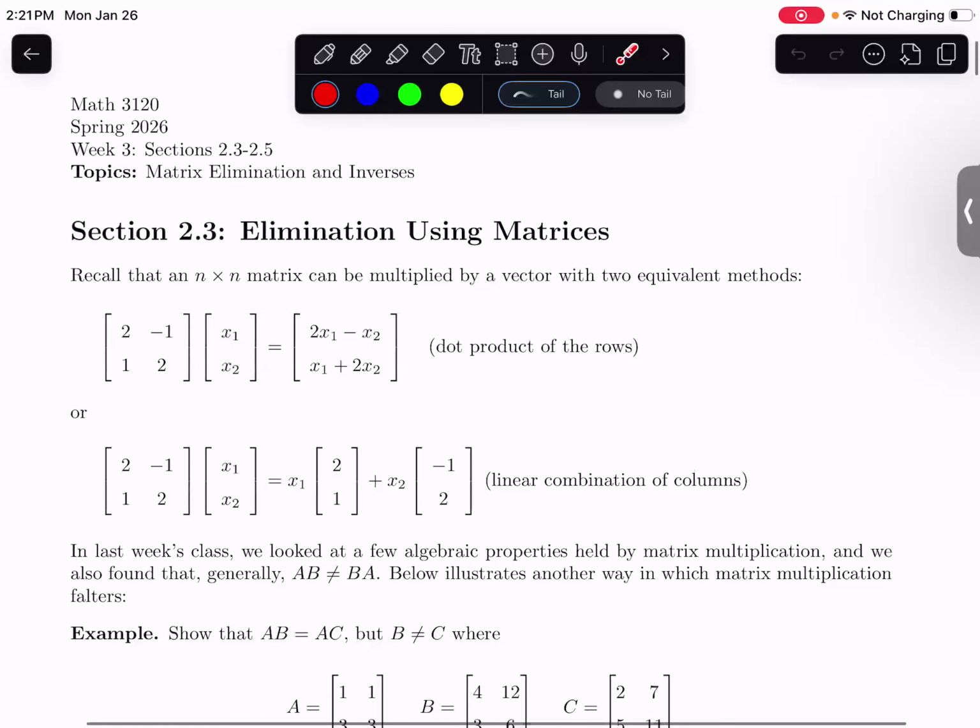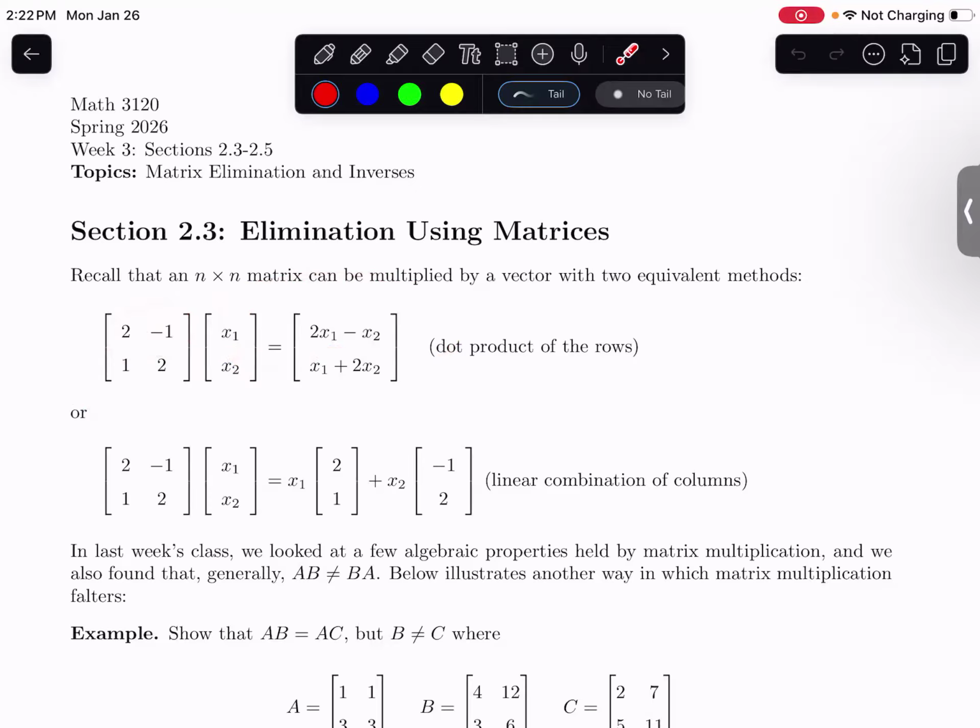is we know how to express systems of linear equations via matrix multiplication, right? So we recall that an n by n matrix can be multiplied by a vector via two equivalent methods. You can multiply this 2 by 2 matrix with this vector via the dot product. So it's 2 times x1, minus x2.